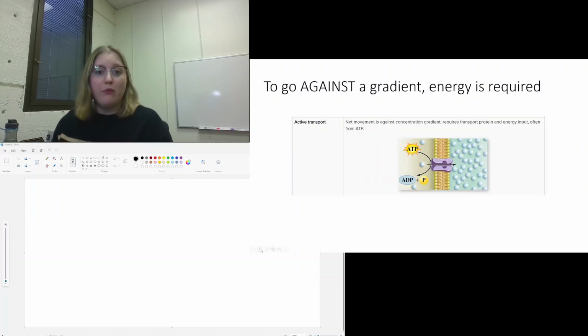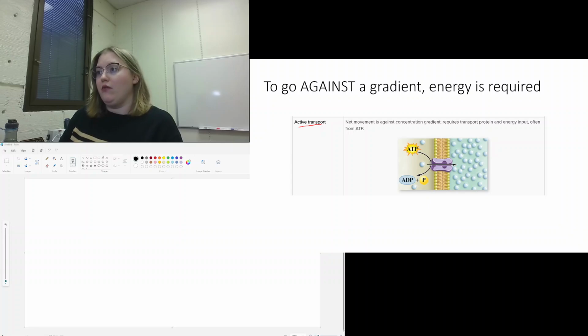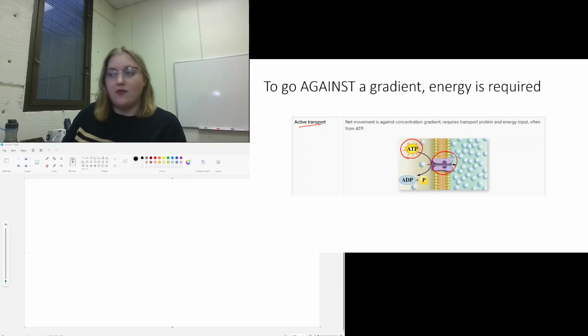Now, we have one more type of transport, and that is active transport. So active transport requires the use of a protein, and it requires cellular energy, or ATP. So that ATP comes in here, and it breaks one bond between two of its phosphate groups.